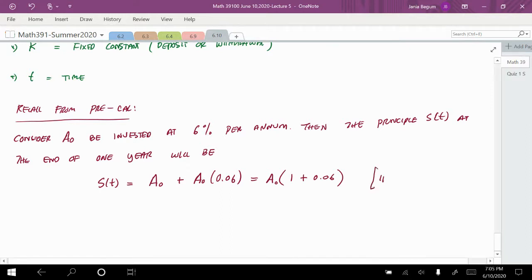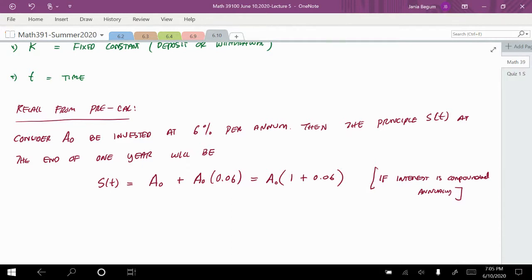You will have this if interest is compounded annually, right? That just means once a year. Now what if the interest is compounded semi-annually? What does semi-annually mean? Isn't it every 6 months? That means twice a year.